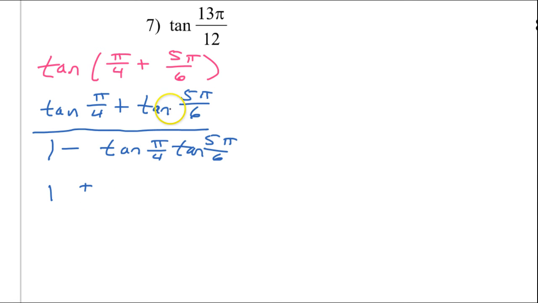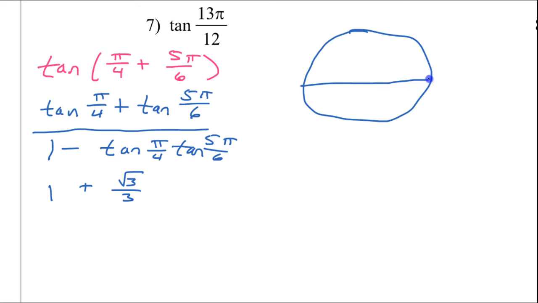Forget the 5 for a second. The tangent of pi over 6 is radical 3 over 3. So the only question is, is it actually negative radical 3 over 3? So I'm thinking about the quadrant that 5 pi over 6 would be in. And when I think about my pi over 6's, I know they kind of look like this.